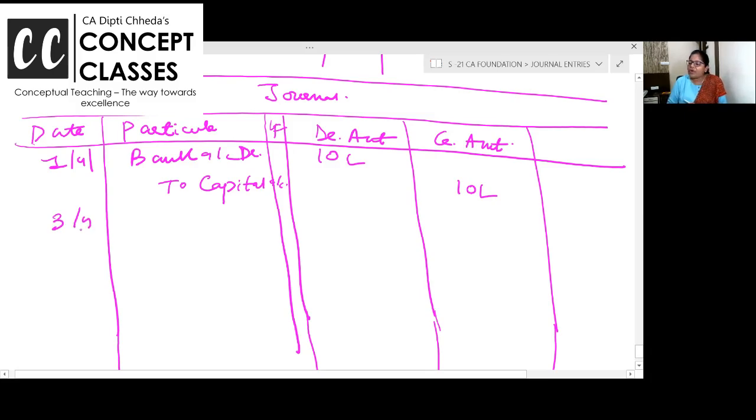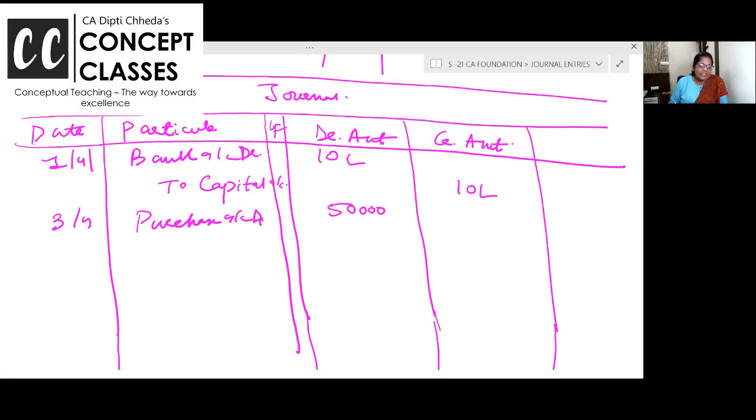Bought goods for cash, 50,000. So now you have purchased the goods. Purchase is a real account. Why is the purchase account debited? Because stock is coming in. Or if you interpret in the modern way, purchases is an expense, so debit all expenses.